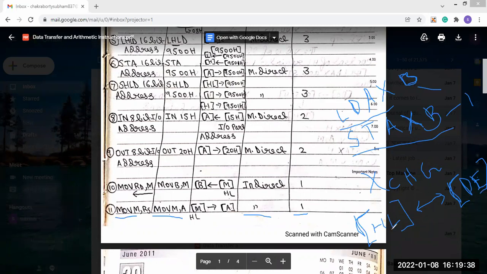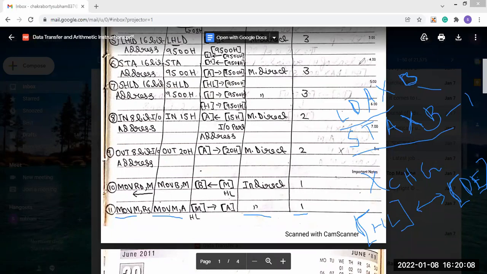Exchange, XCHG. Now which addressing mode will this be? The last one, implicit addressing mode, because in implicit addressing mode only the operation is mentioned, with no operand.